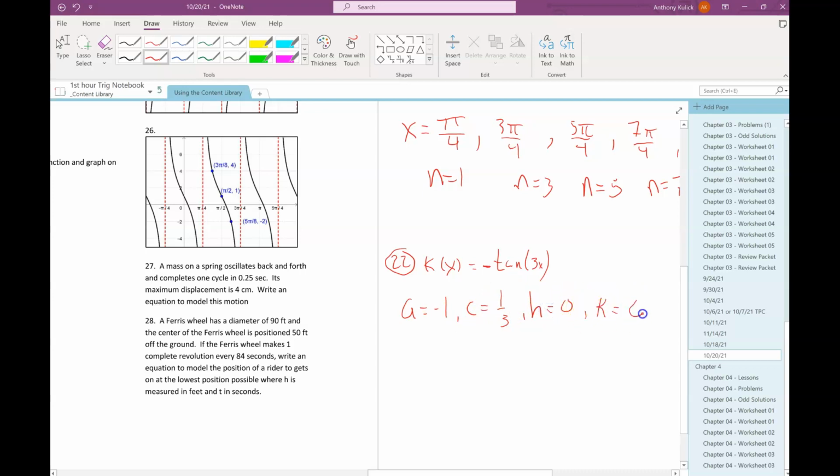So A is -1, C is 1/3, H is 0, and K is 0. It asked for the period, which for tangent is the absolute value of C times pi. So my period would just be pi over 3.